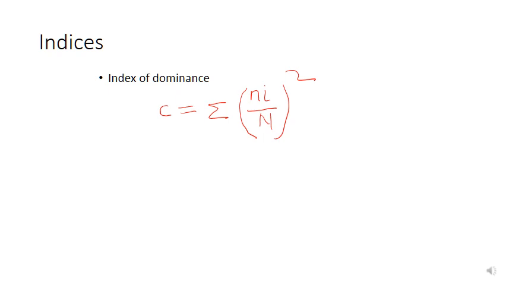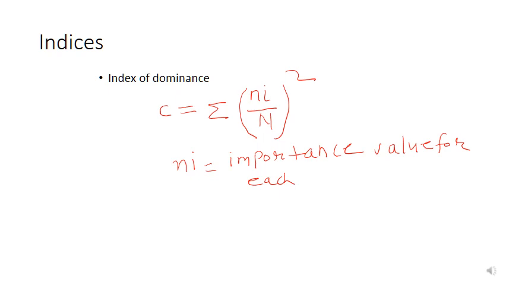It is importance value for each species, and N is total of importance values.